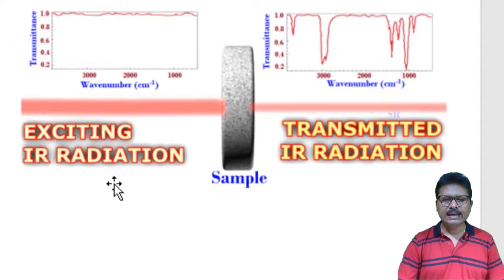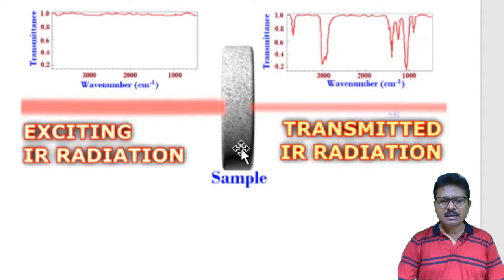Now if we can get the spectrum of the input IR radiation and the output IR radiation, we can check the difference. After passing the IR radiation through the sample, this is the transmitted IR radiation, and in the spectrum of transmitted IR radiation, we see that the intensity of a few wave numbers has significantly dropped.